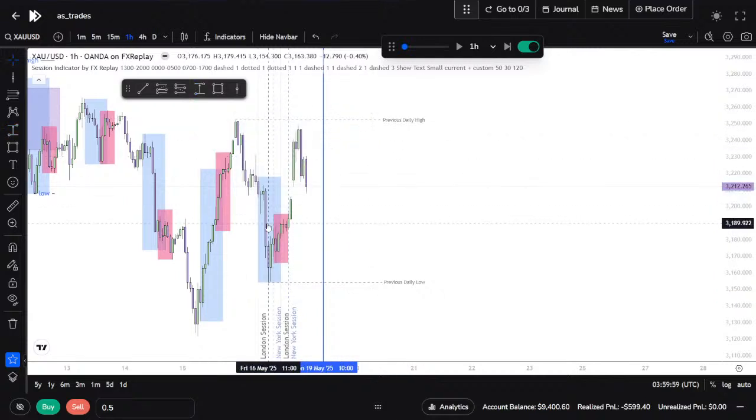I think we might have missed out on that. This was the red candle, so that's why we wouldn't have traded. But we missed out, but discipline over the money we would have made.